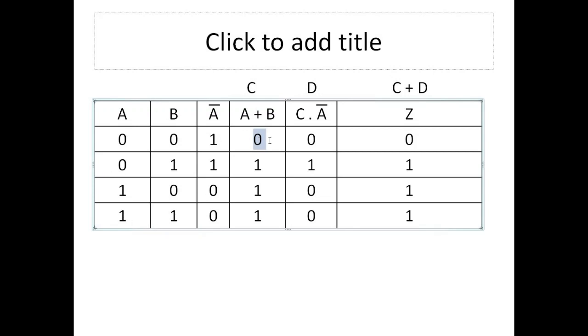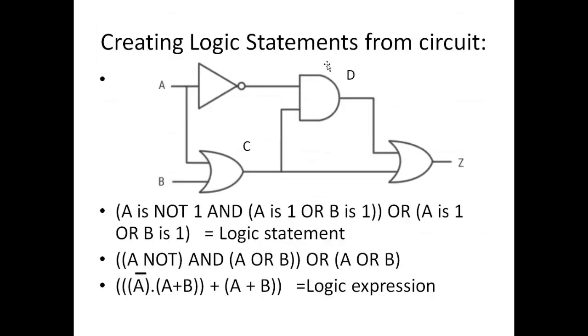So this is a dot, that means multiplication or AND gate. 1 and 0 gives you 0, 1 and 1 gives you 1, 0 and 1 gives you 0, 0 and 1 gives you 0. Now that we have found the output for this, I am naming it D for ease.